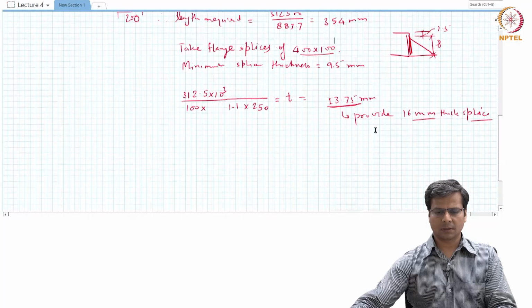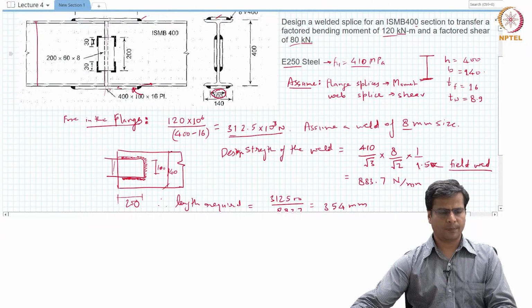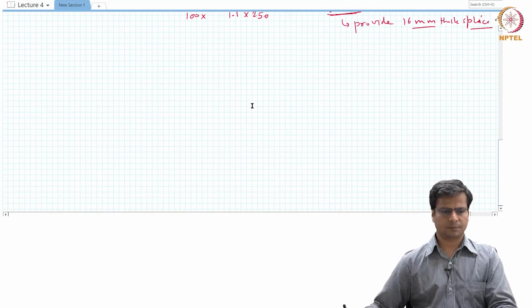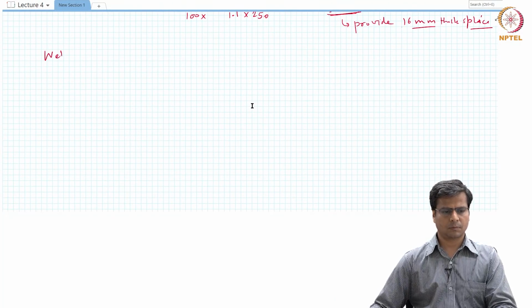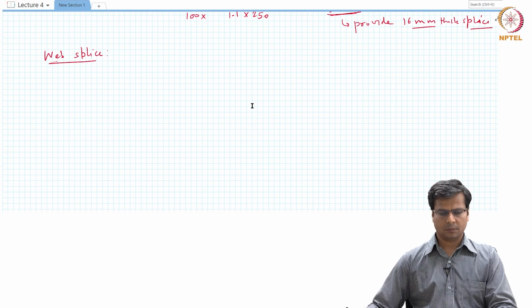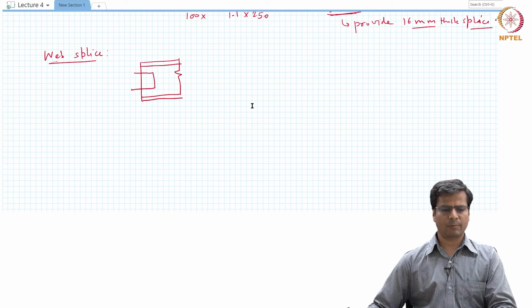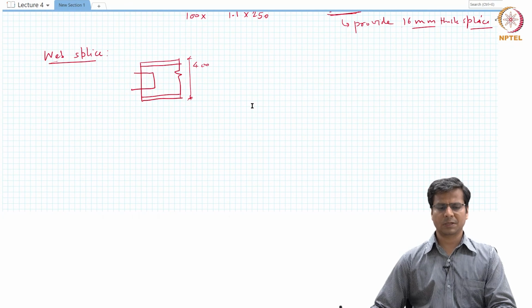Now let's plan the web splice. For the web splice, we will provide a plate. We know that the total depth of the cross section is 400 millimeters, out of which 32 millimeters will go away.